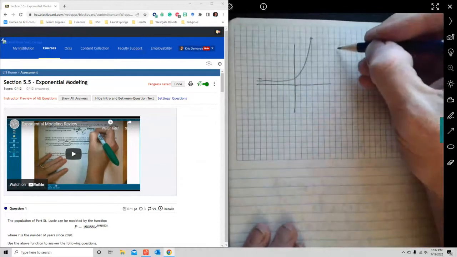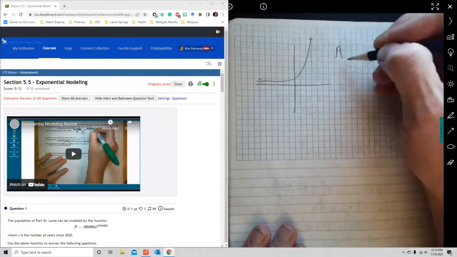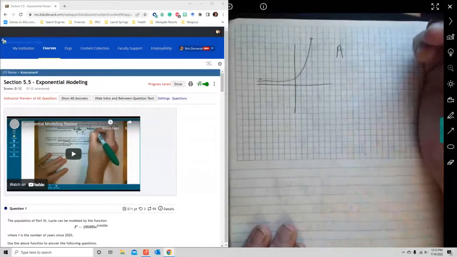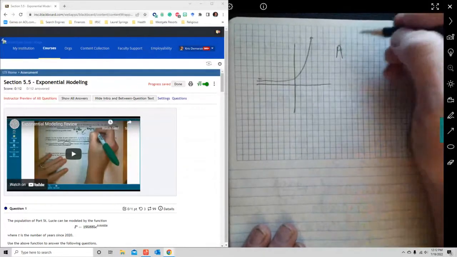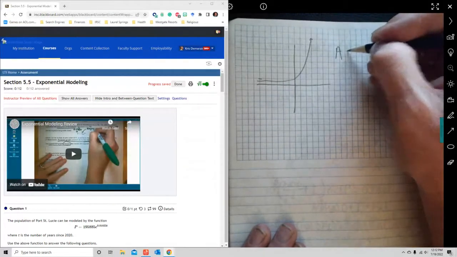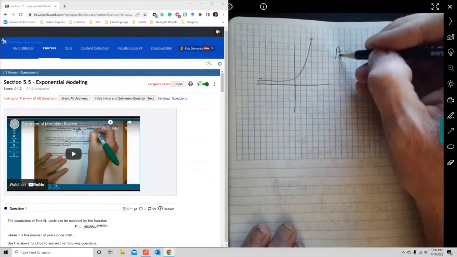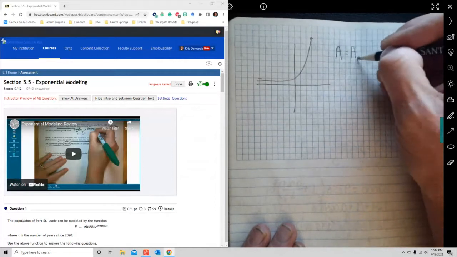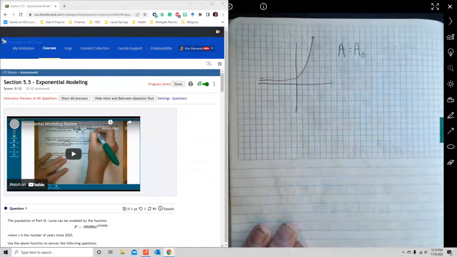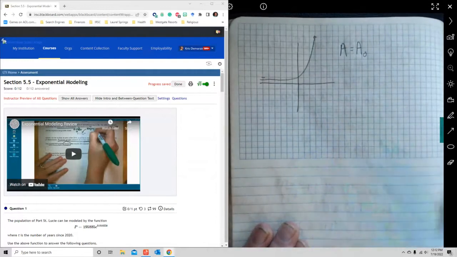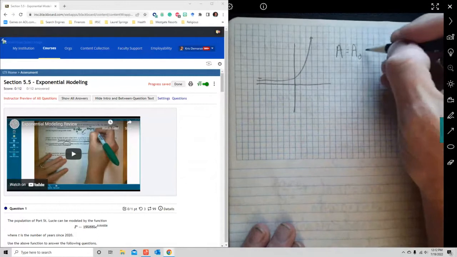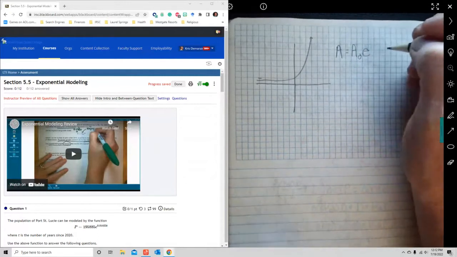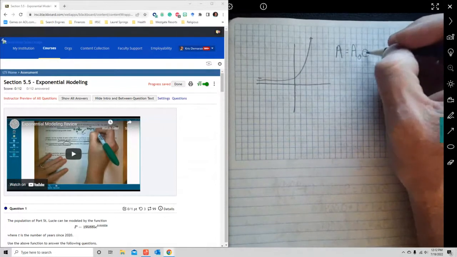So when we talk about the projected value or amount of an item, or number of population growth, or people or animals or whatever, we say that that's A. And then we say that the initial value of the population is A sub naught. And then we also indicate that there is a projectile value that we use.